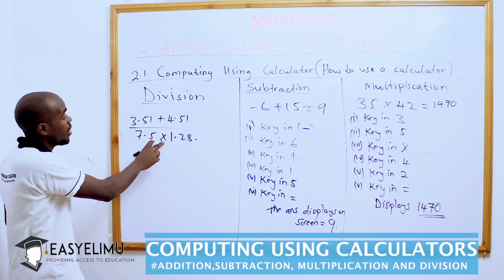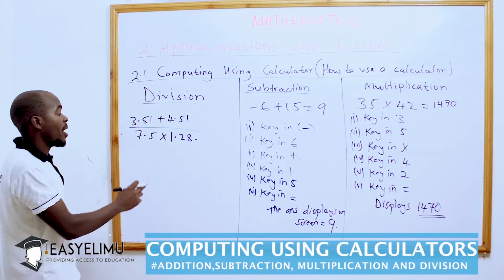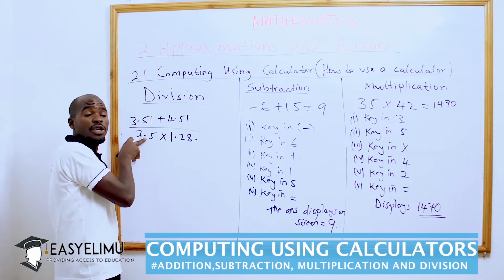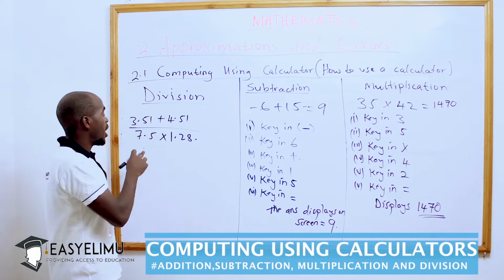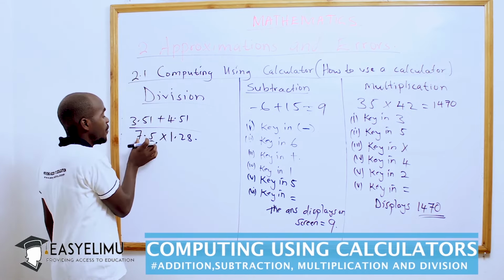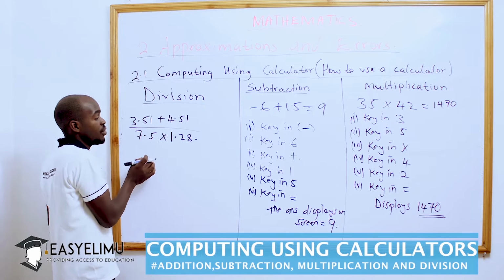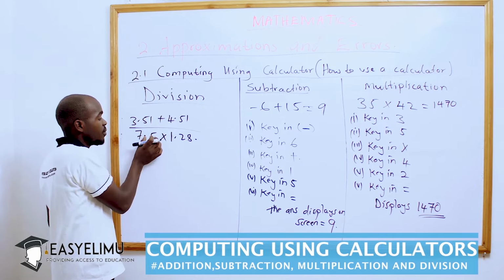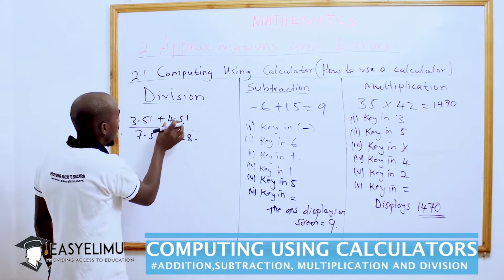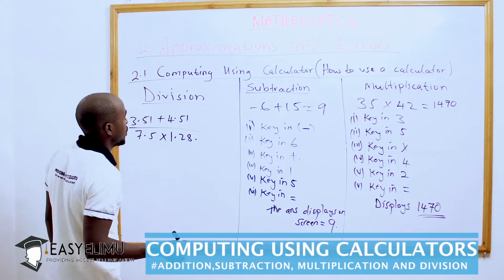As you see, we have one with the multiplication, and here we have introduced the dot. Here the dot is a decimal point. It differentiates between the whole numbers and the decimal ones. So these are decimal numbers, and we can see them present in the numerator and denominator.